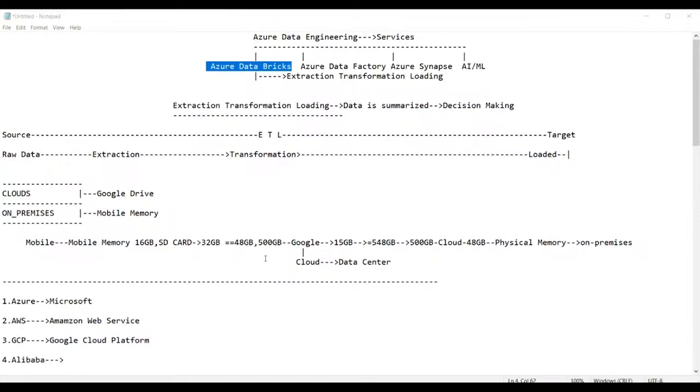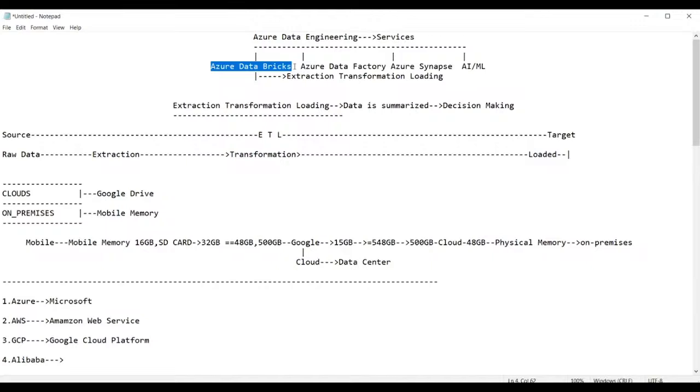Azure Data Factory and Azure Databricks are both used for the same process. But in Azure Databricks, you use a code-based interface where you need to use different languages: Python, Scala, R, and SQL.